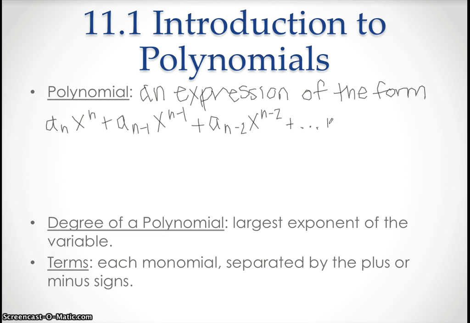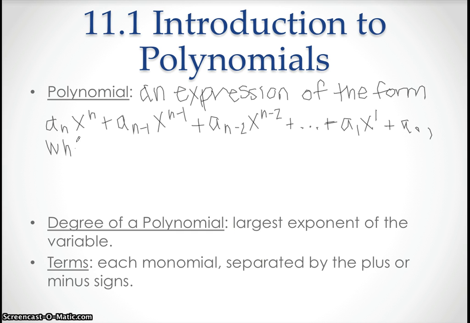We could have as many terms as we wanted to in between here, but eventually we are going to get down to a sub 1 times x to the first power plus a sub 0, which we would pair with x up to the 0 power, but we know anything to the 0 power is going to be 1 anyway, so this guy actually just ends up being a constant. However, we need to add the following.